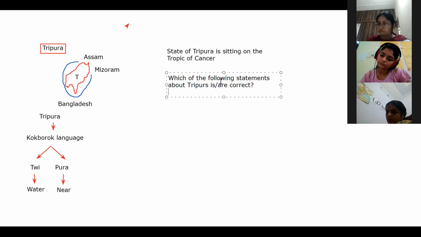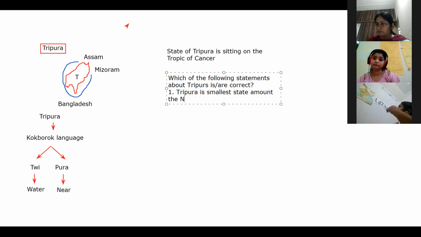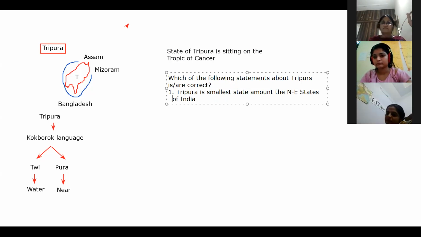One is that Tripura is the smallest state among the northeastern states of India. So एक statement उसने ये डाल दिया आपके लिए.